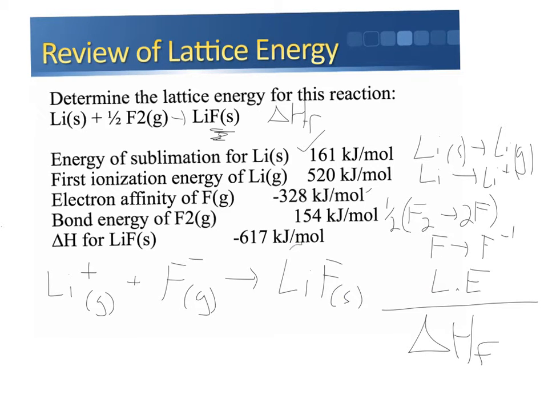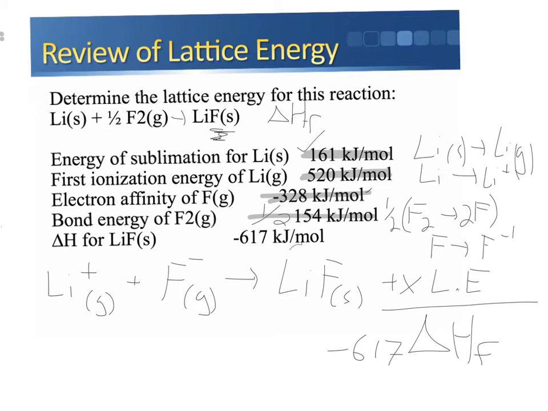We've got the 161. We've got 520, negative 328. Now we only need 1/2 of the 154. So half of that plus X for my lattice energy equals the negative 617.